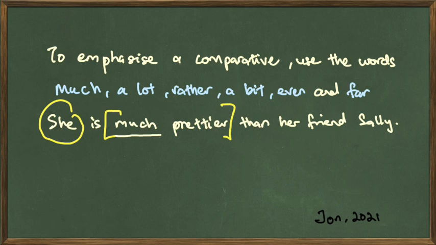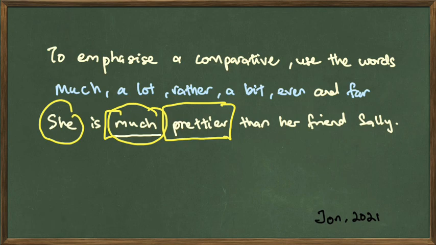So we use the word much followed by the adjective. This is how you emphasize. Emphasize means tekankan. There are many other examples that you can ask your teacher to explain further in class.